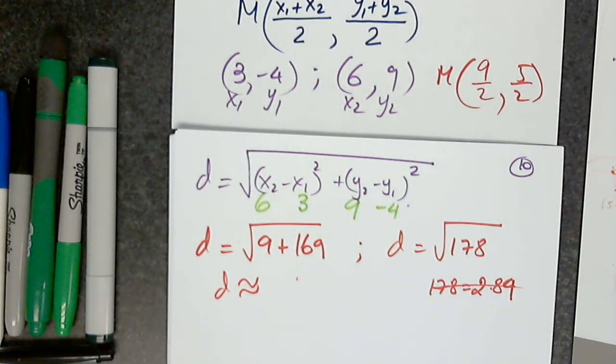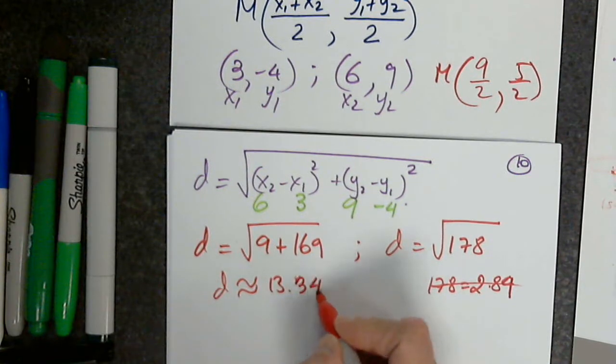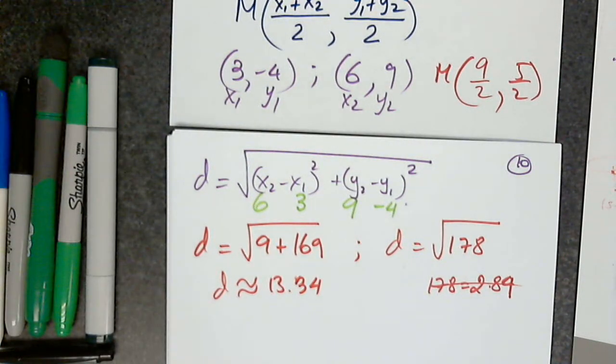I have it up here, and I have the square root of 178. I got roughly 13.34, approximately. We will come back to section 1.8 when we talk about coordinate geometry, about conic sections.